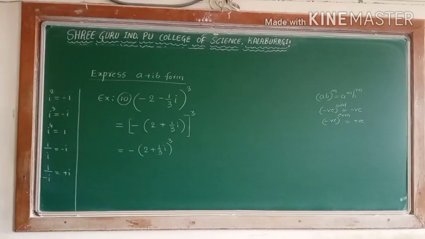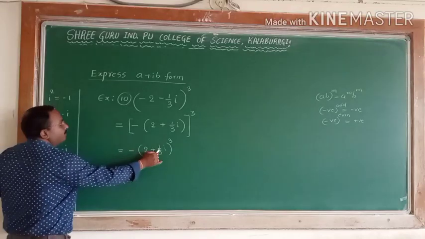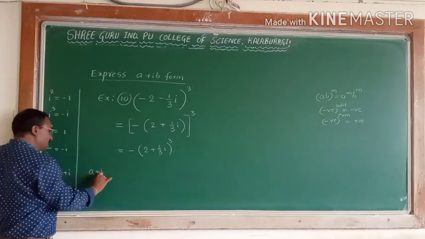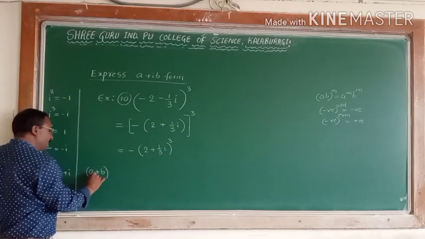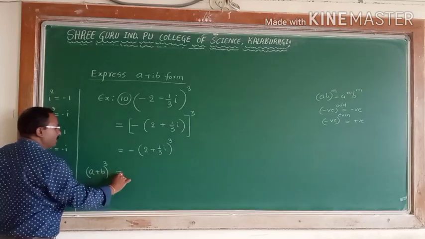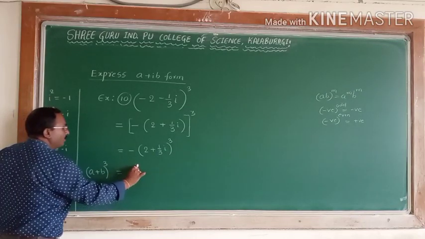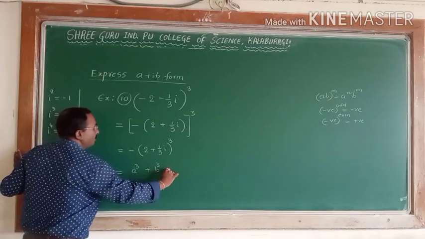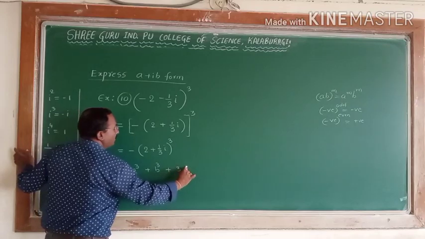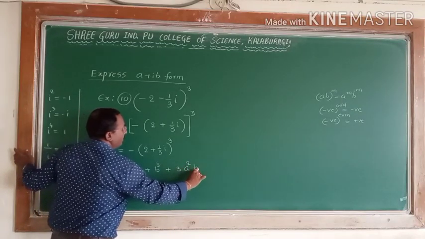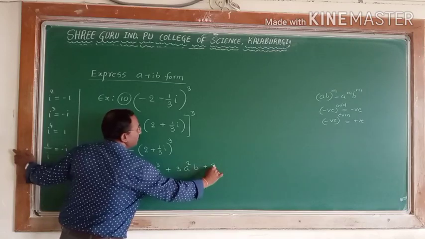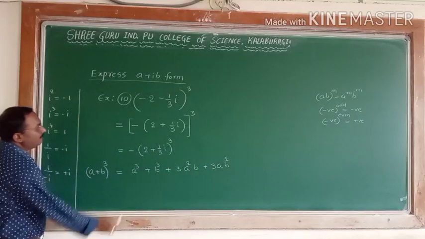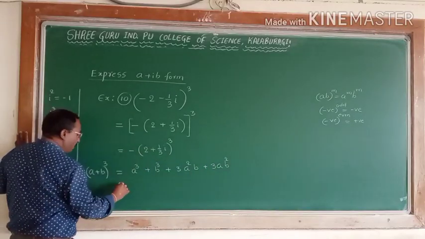By applying the (a plus b) whole cube formula, do you know that (a plus b) whole cube is a cube plus b cube plus 3a square b plus 3ab square. This is the (a plus b) whole cube formula.